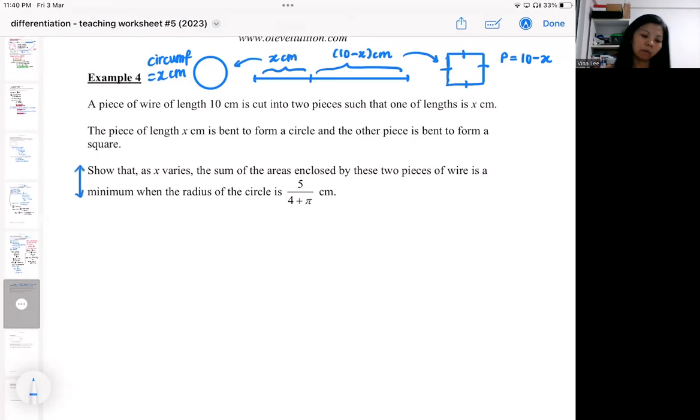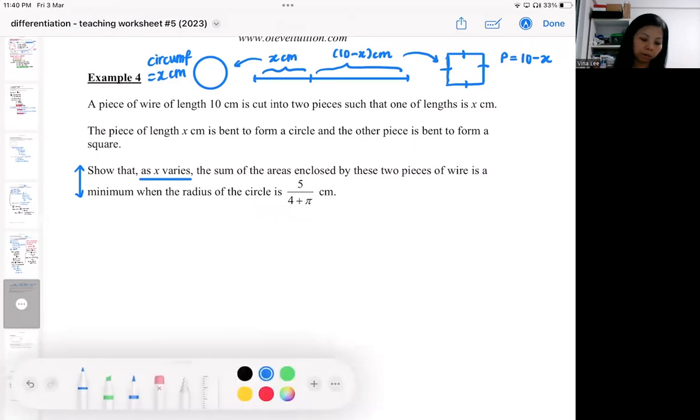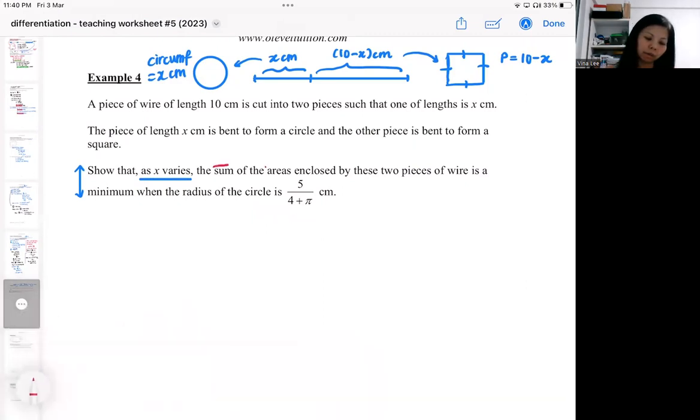Okay, to show that when X varies. So the idea of X varies means later on differentiation is involved. So you are differentiating with respect to X. And what are we differentiating? We are differentiating the sum of the area enclosed by the two pieces of wire.